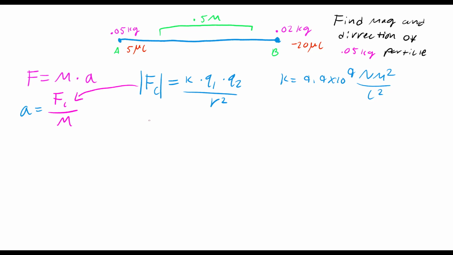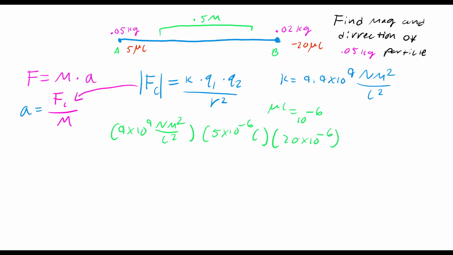We're going to say that we're going to have 9 times 10 to the 9 newton meter squared per coulomb squared. Multiply that with, what's the magnitude? It's 5 times 10 to the -6, because microcoulomb is just 10 to the -6, right? Now you would put -20, but we're looking for magnitude, so we're just going to put 20 times 10 to the -6. Notice that I do not have a negative sign, okay?